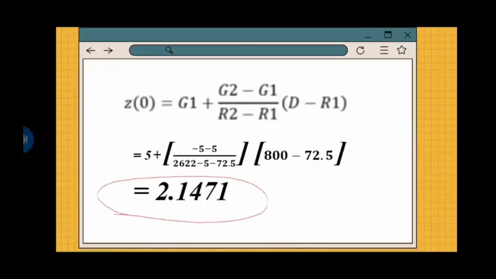Just by using our calculator, our new initial guess z0 is equal to 2.1471.